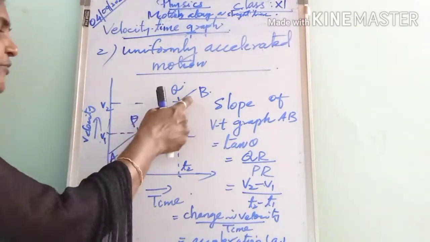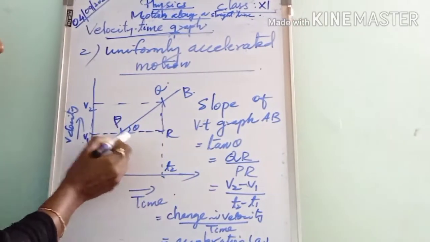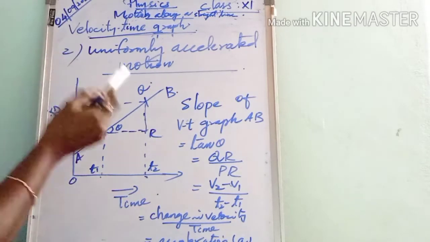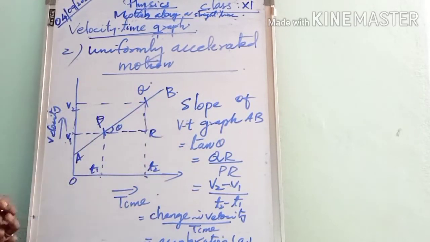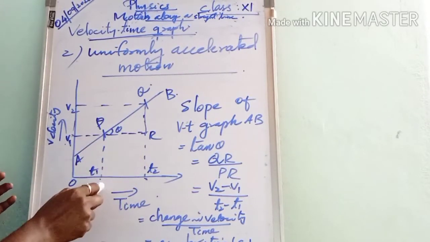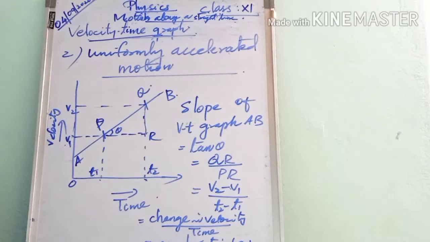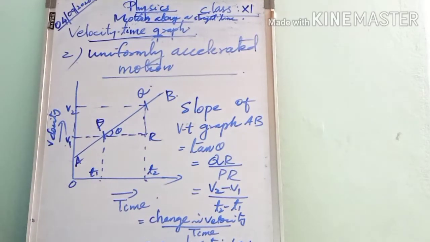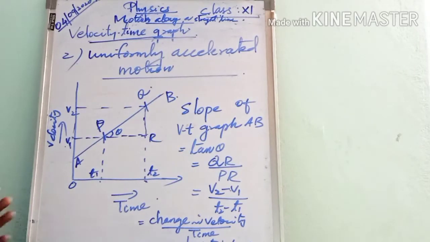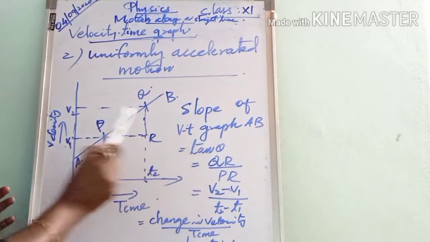Here AB represents the velocity time graph for uniformly accelerated motion. Next we have to find the slope of velocity time graph AB. For that we draw perpendiculars from P and Q towards the x and y axis. So we got a triangle PQR, and the slope is equal to tan theta.